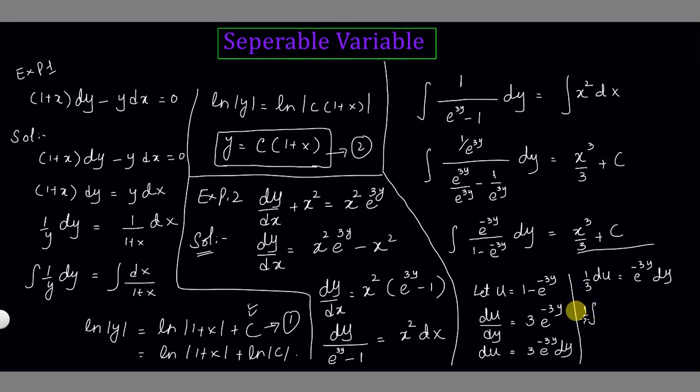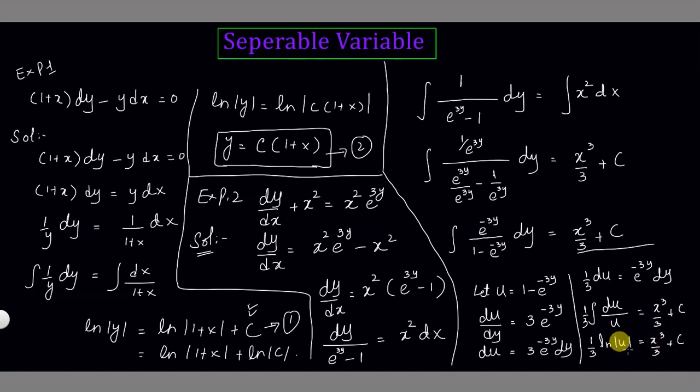Just replace this substitution in the left hand side of the integral, and we have 1 over 3 outside the integral, and then du divided by u, which is equal to x cube by 3 plus c. After integration we get natural log of u equal to x cube by 3 plus c.